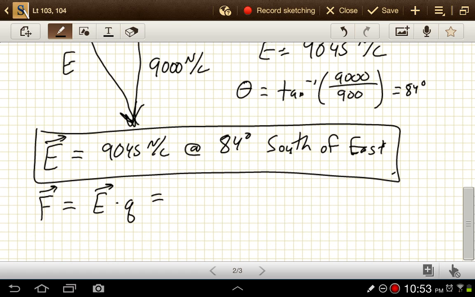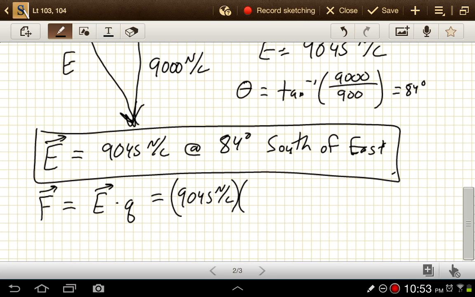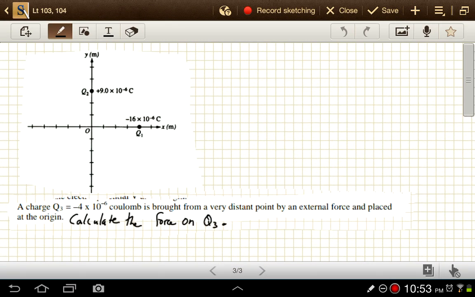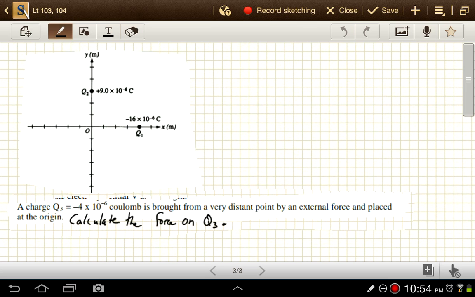So this would be equal to 9,045 newtons per coulomb times the charge of, oh gosh, I forgot to show us what the charge was. Okay, so we put some third charge here. There's no force without a charge there. There's just the electric field. So we put some third charge right here at the origin. That's where Q3 is going to be. And we're looking for the electric force now.